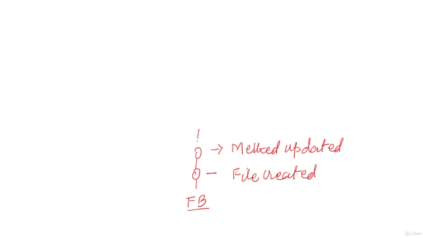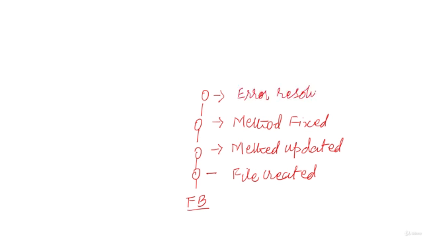Then we made another commit, and we made some mistake in the last commit, so we said "method fix", right? And then we did another commit, and we say "error resolved", right?